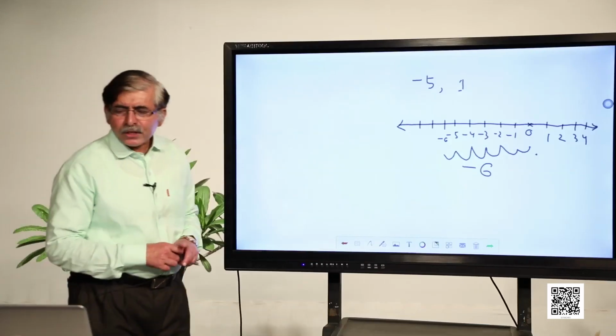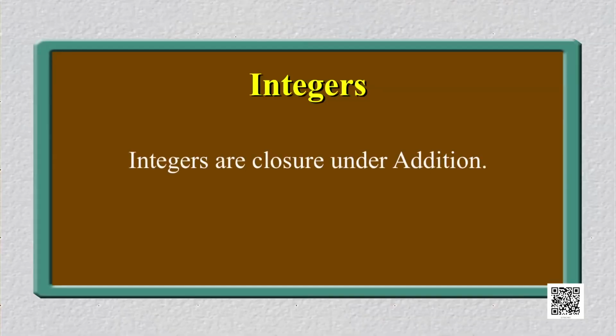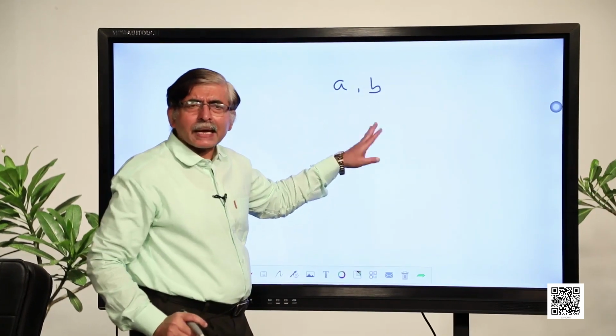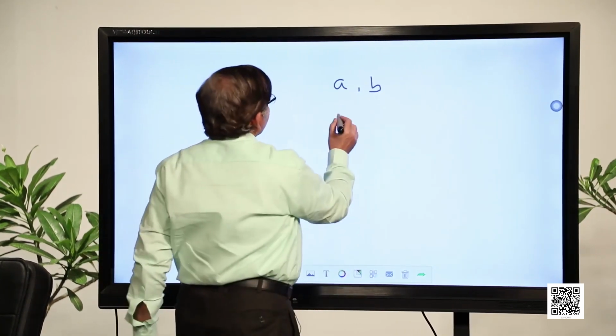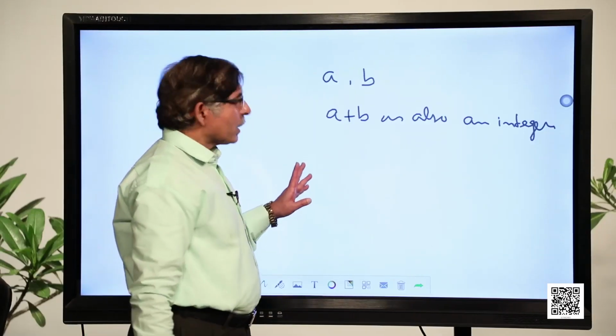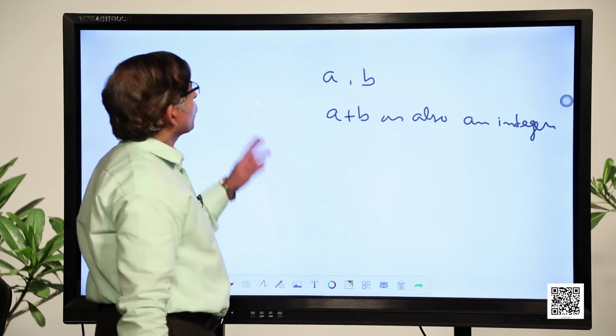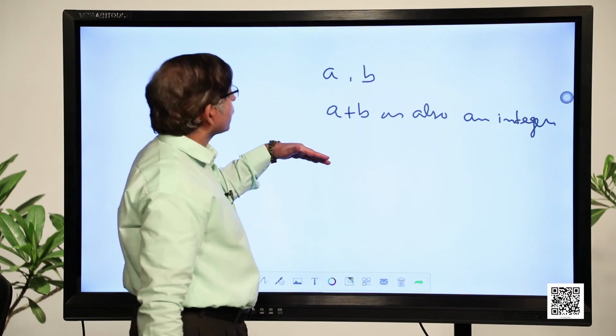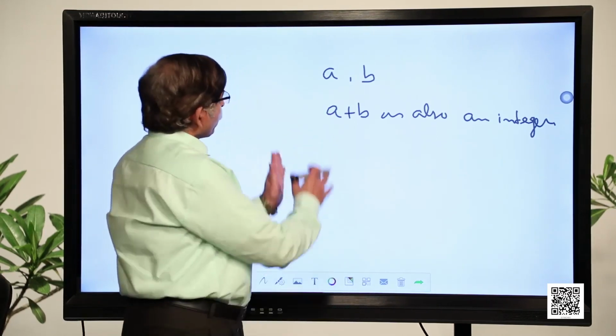So, in general we can say that integers are closed under addition, because if A and B are any two integers, A and B can take any value, then A plus B is also an integer. A and B may be a natural number, whole number, or negative number, because integers constitute natural numbers, whole numbers and negative numbers.